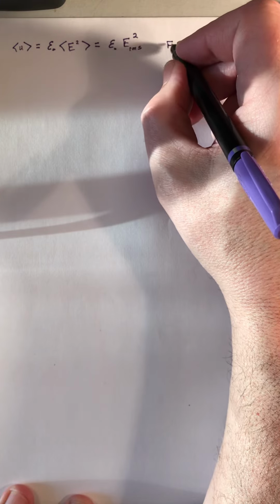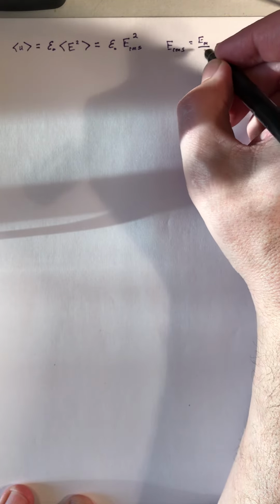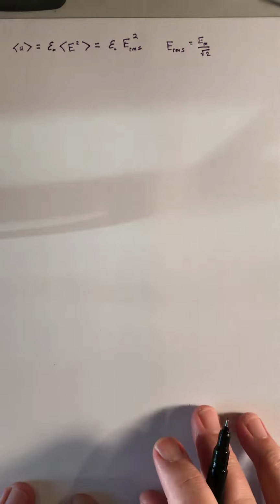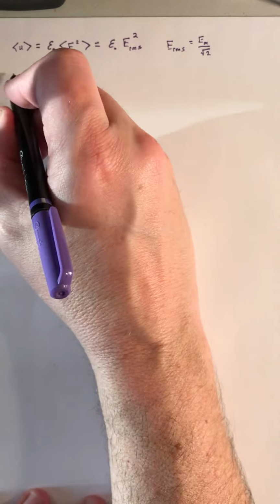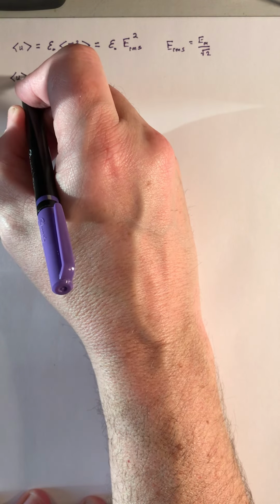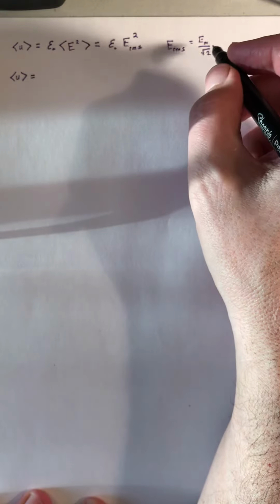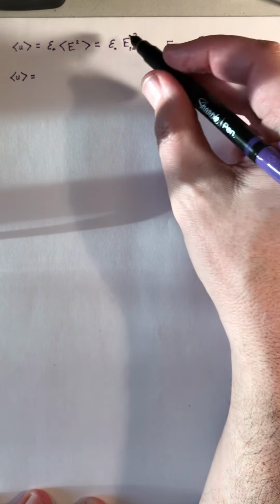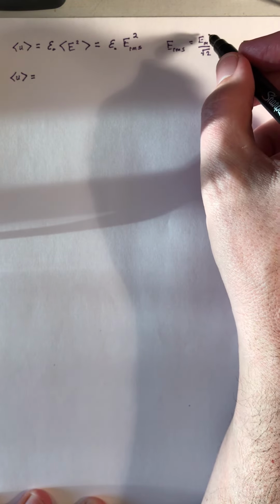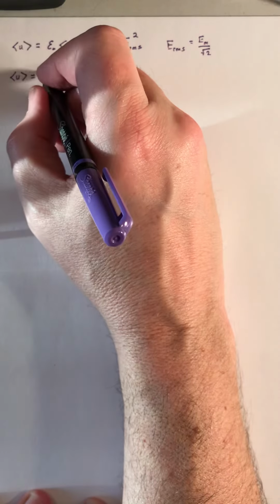And varying sinusoidally, the RMS value is the peak value over root 2. So for the average energy density in the wave, from the RMS value squared, I'm going to pick up the amplitude squared over 2, and then times the permittivity. So this is going to be a half.